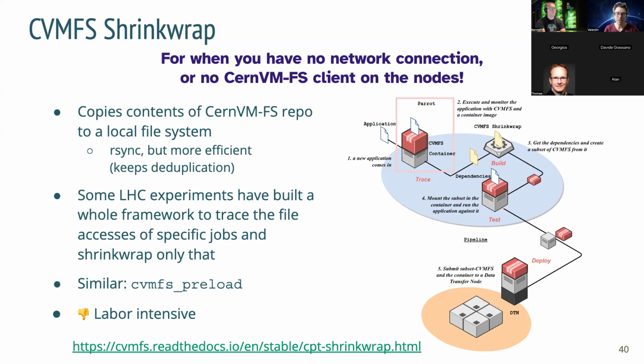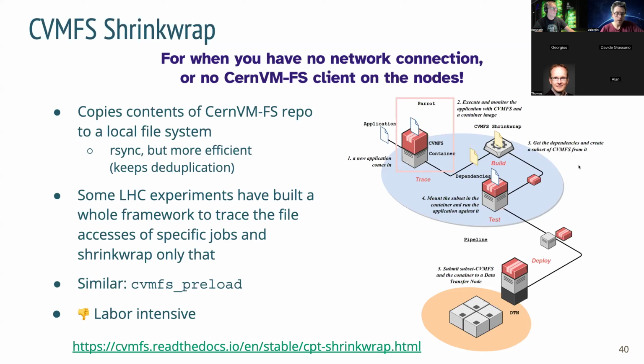In particular, it keeps the deduplication, so that if you have versions 0.1, 0.2, and 0.3 of a software that might share various files, you can avoid copying the files that are the same, even on a sub-file level. Because CVMFS chunks the files and deduplicates the chunks that are the same, you then create an archive out of the object store that backs CVMFS.